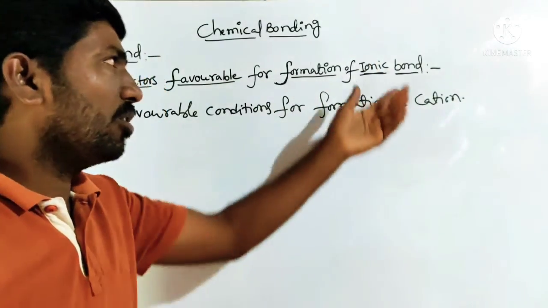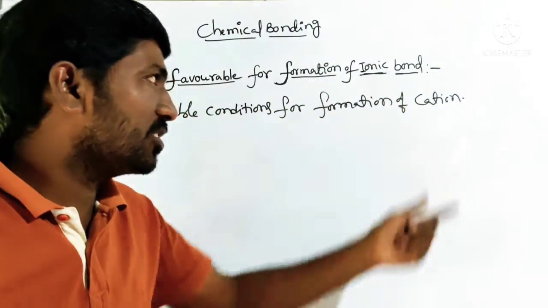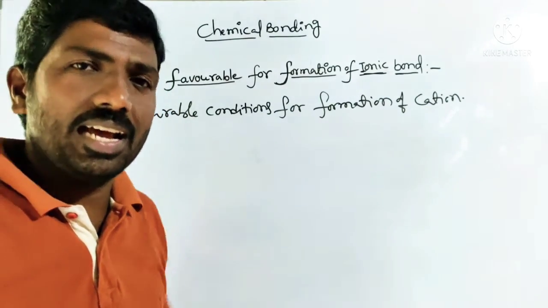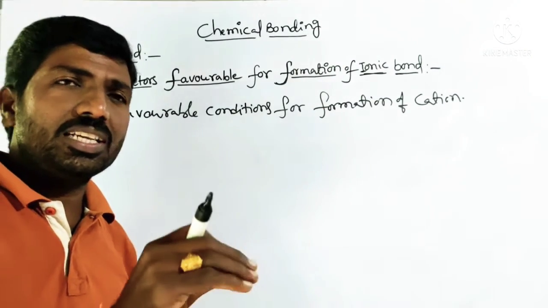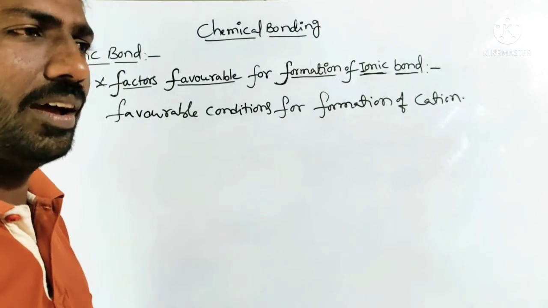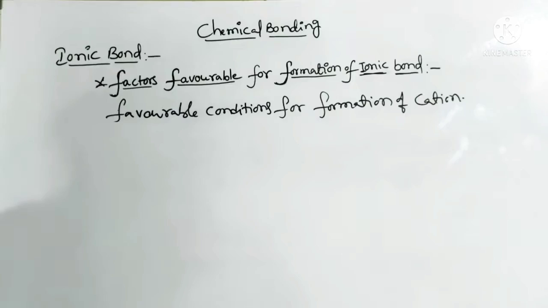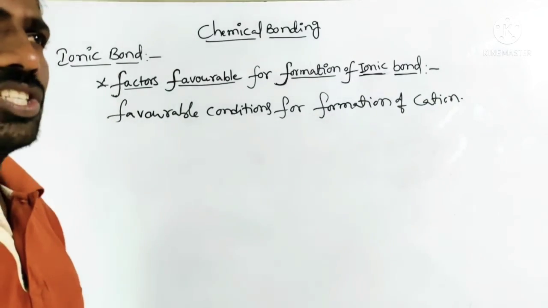In ionic bond formation we need two types of ions, one cation and another anion. First the cation will be formed, then we go for the anion. So now, favorable conditions for formation of a cation.